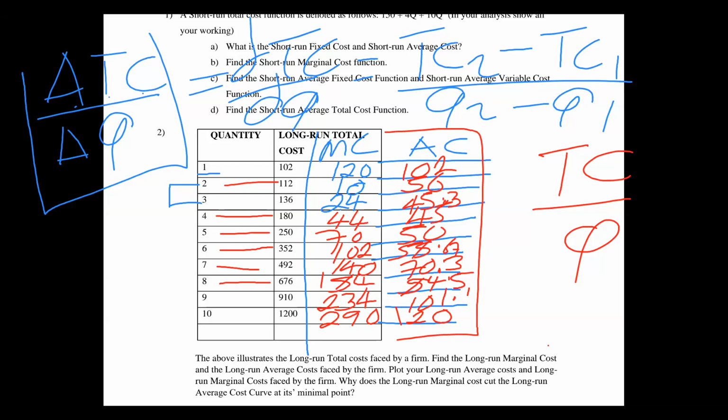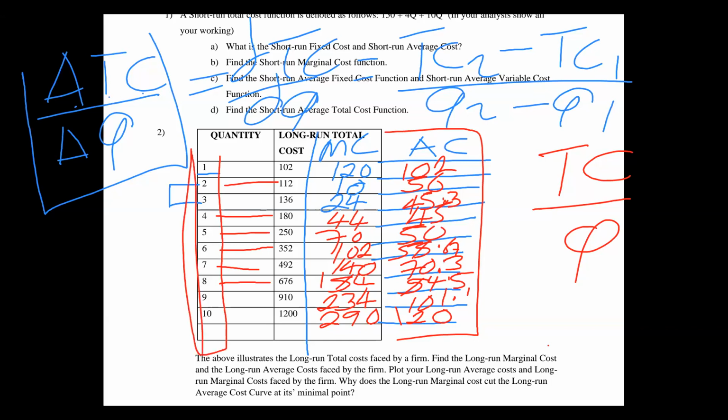Now that people have no questions, we can go further. The question continues, says, plot your long run average cost and long run marginal cost faced by the firm. You can plot these using the same level of output on the x-axis.